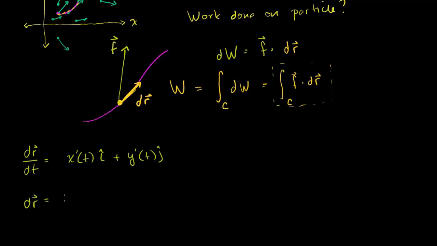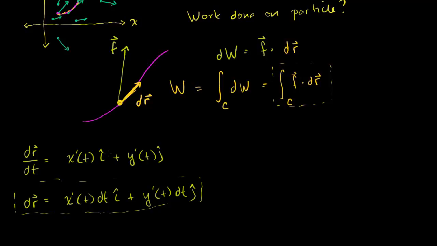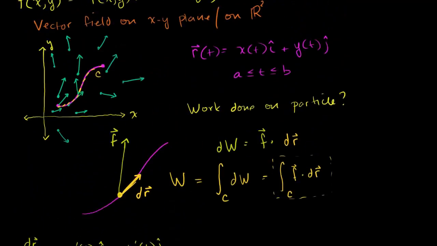We'll get dr is equal to x prime of t dt times the unit vector i, plus y prime of t times the differential dt times the unit vector j. So this is our dr right here.